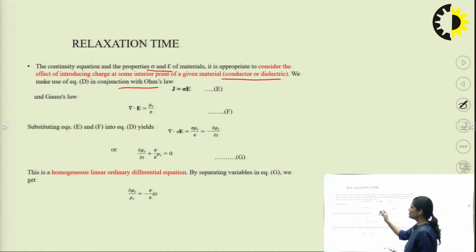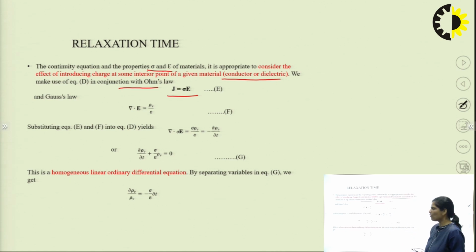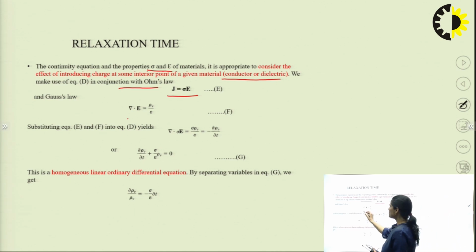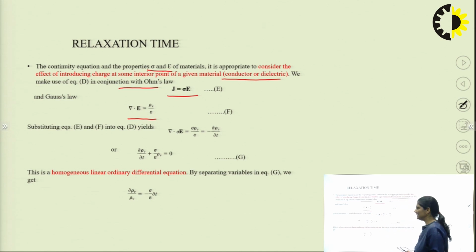Now in conjunction with Ohm's law, J is equal to sigma E. As you all know, this is Ohm's law. And Gauss's law is del dot E equal to rho_v upon epsilon.